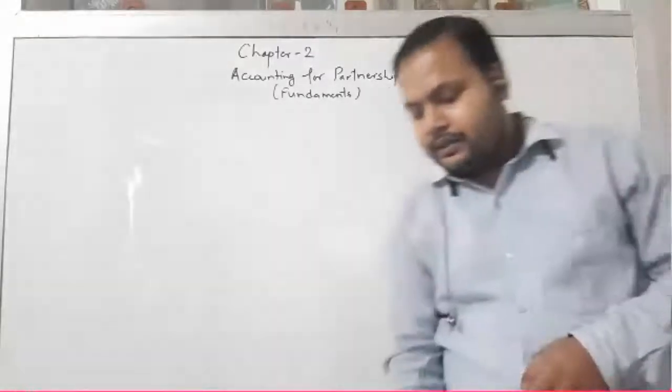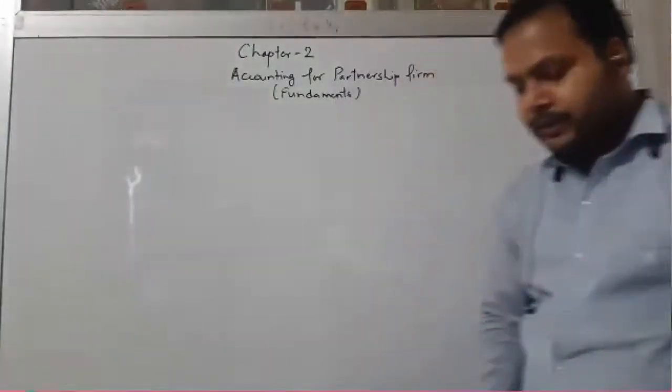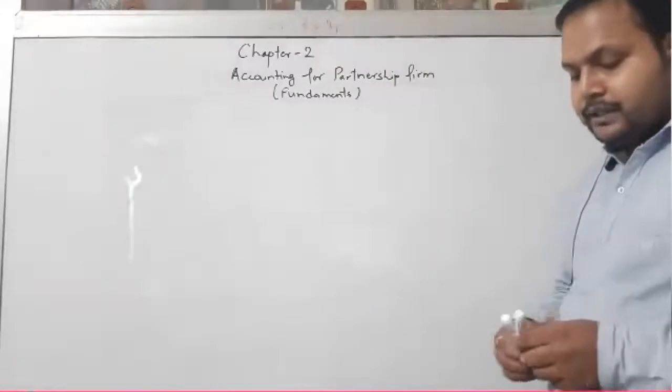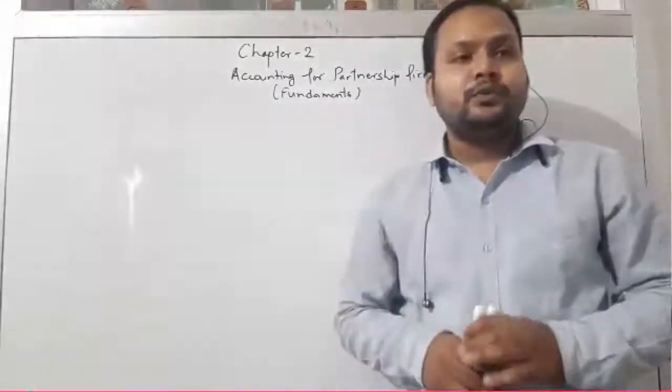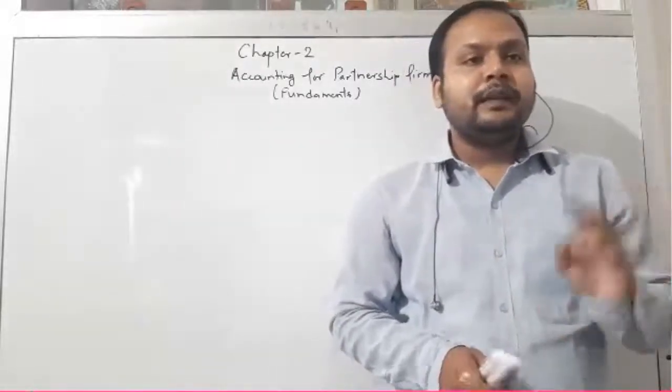In this chapter, first of all, we need knowledge about what is partnership. Basically, partnership is governed by the Partnership Act 1932. That's why the definition of partnership is given by the Partnership Act 1932.